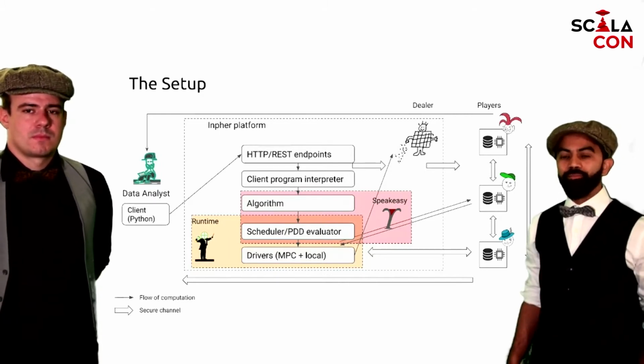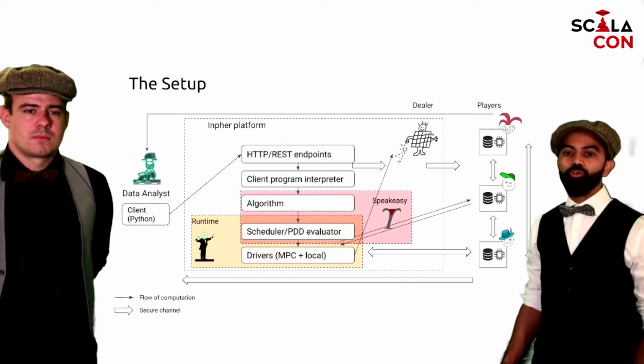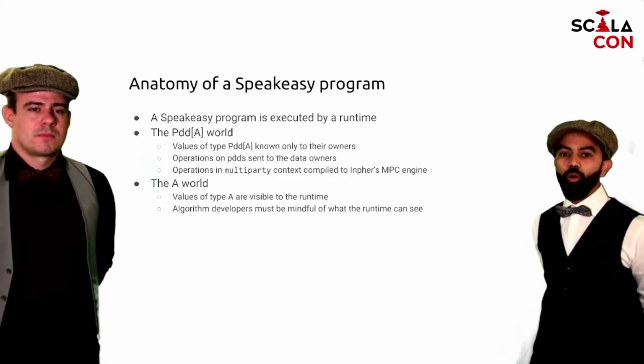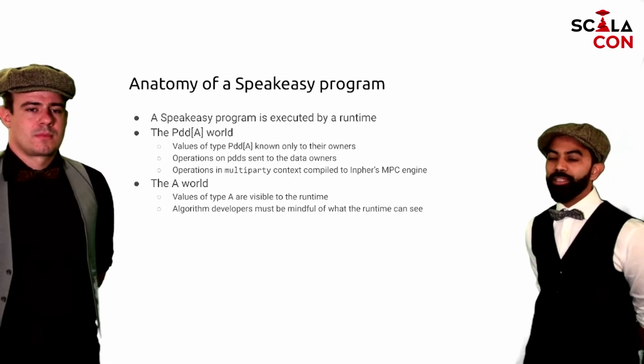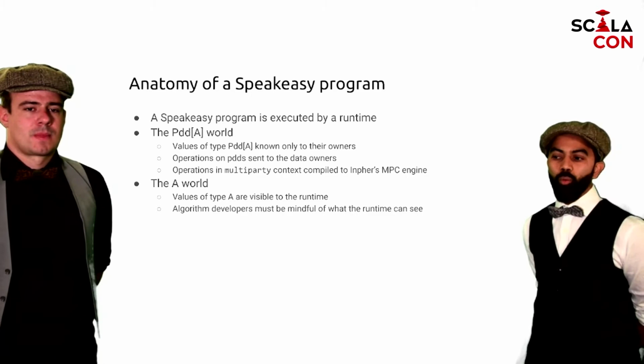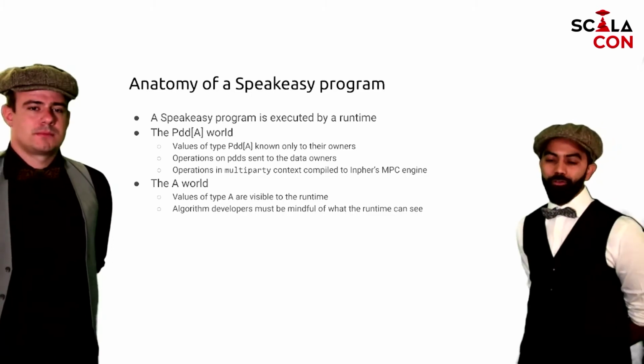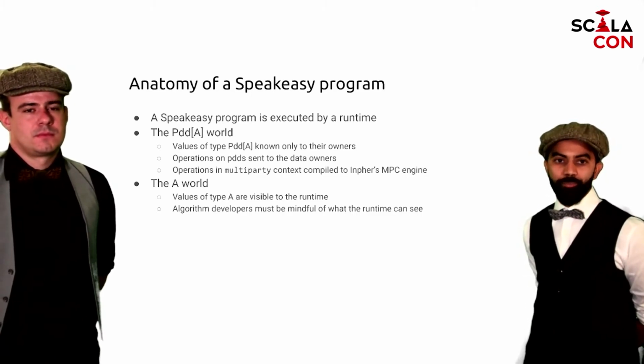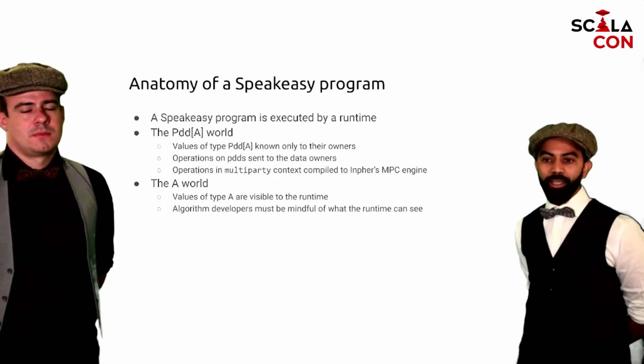What does that mean? It means that we distinguish these two worlds. We distinguish a world which is a PDD of A world and an A world. When writing a program in Speakeasy, the general rule of thumb is if you have values of type A, they will be seen by this runtime.